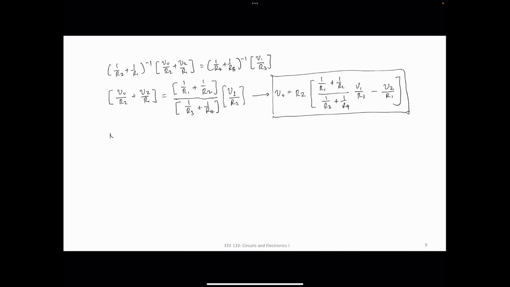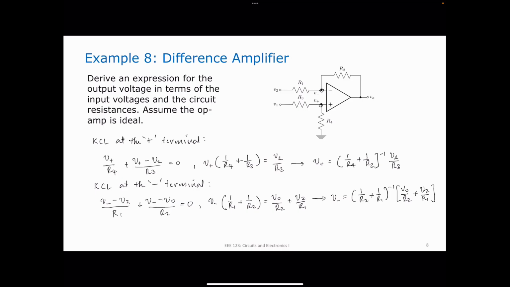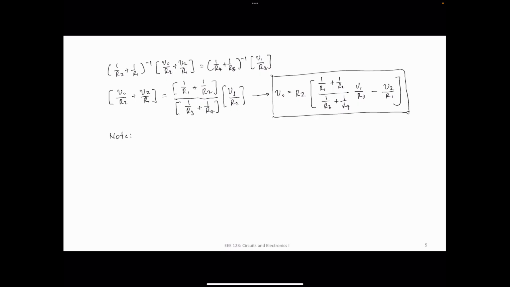Note, if I make R2 equal to R4 and R1 equal to R3, you will note that this fraction becomes equal to 1. And then R3 is equal to R1, so I have V1 over R1 minus V2 over R1.